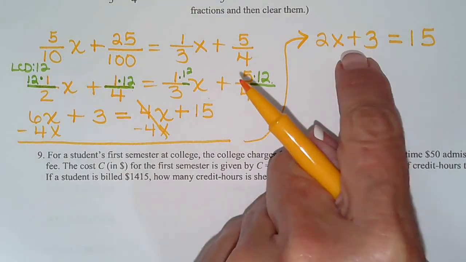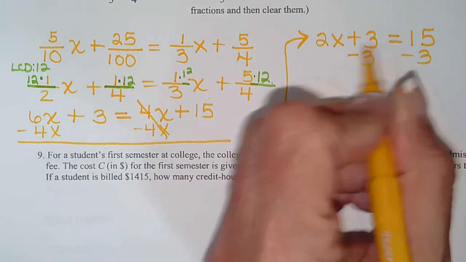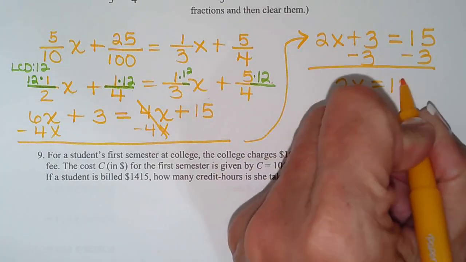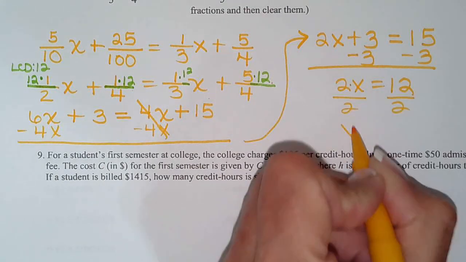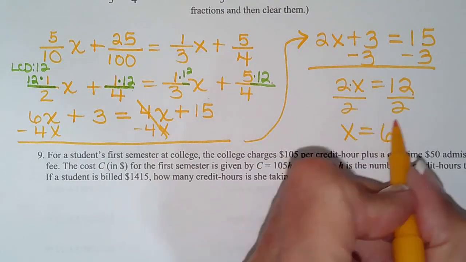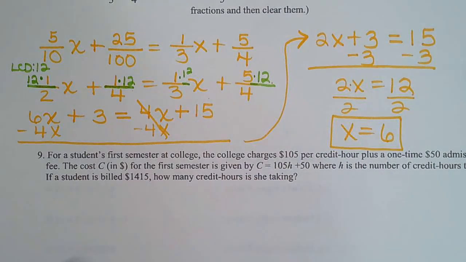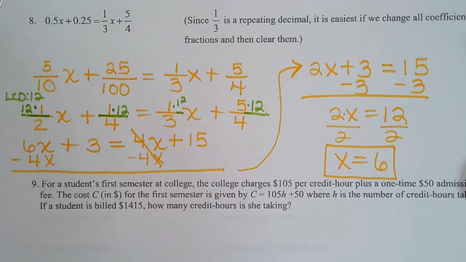So we do the opposite since we're crossing the equal sign and we subtract 3. So we get 2x equals 12. The opposite of multiply by 2 is divide by 2. So we just get the beautiful number 6. So look at that nice answer compared to how ugly that original problem was.